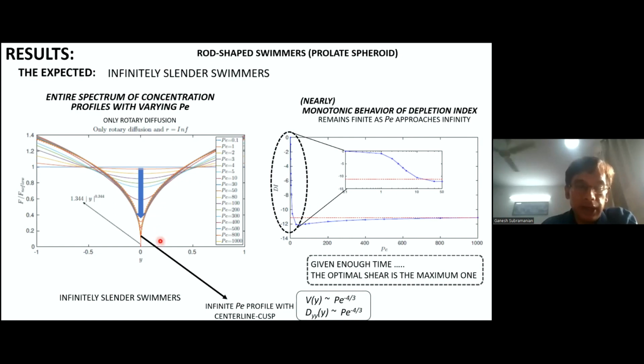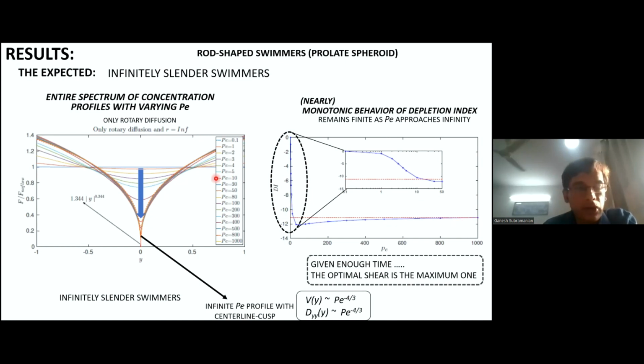So here the singularity will be broken up by the finite swimmer mean free path. But nevertheless, we were predicting a near center depletion just as observed in the experiments. When we plotted the depletion index, we observed for the first time something different from the first set of experiments, because our depletion index had a mild non-monotonicity, but it went to a Peclet independent limit for Peclet going to infinity.